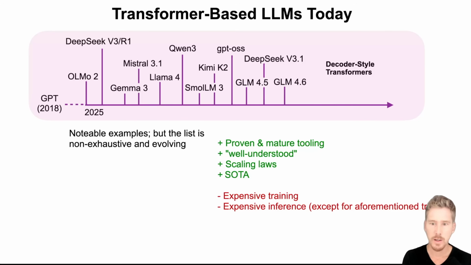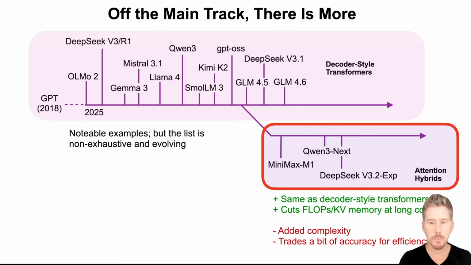For example, GLM 4.6 right now is really on top of a lot of benchmarks. It's one of the best models out there. The downside, of course, is they are pretty big and are expensive to train. And even though we have all these tricks, inference is still pretty expensive. So people are developing these kinds of alternatives. For example, here are a few: Minimax, Qwen3-Next, and DeepSeek version 3.2, where they have a few tweaks. Qwen3 has this gated delta net.